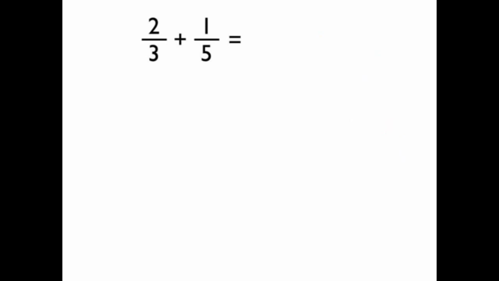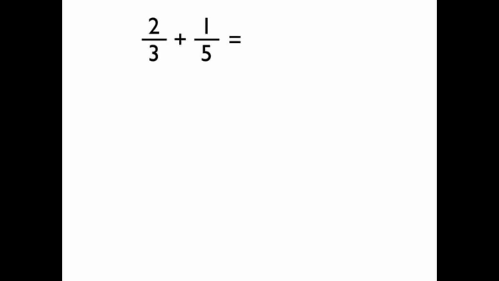Sometimes it's not always easy to spot which equivalent fractions to use to make the denominators the same. It was easy in the last couple of examples because one denominator was a multiple of the other.